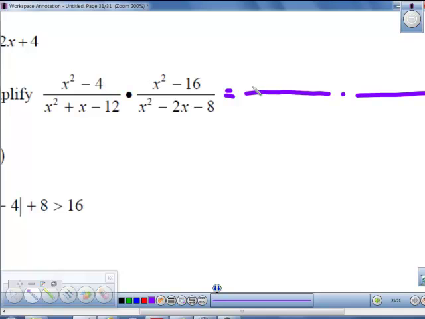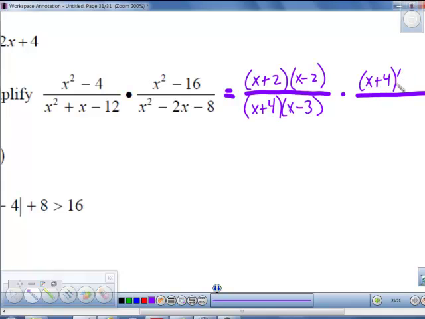Now this is the difference of 2 squares, so this is x plus 2, x minus 2. And then down here, factors of 12, that would give me 1, are x plus 4 and x minus 3. Over here, difference of 2 squares, so that's x plus 4, x minus 4. Down here, factors of 8, that would give me 2, are x minus 4, x plus 2.